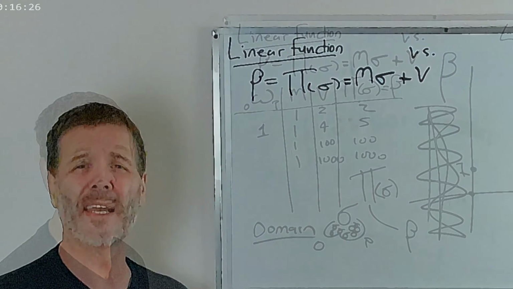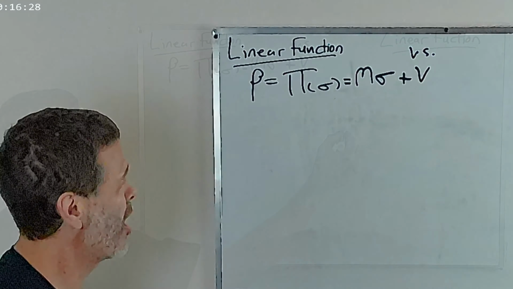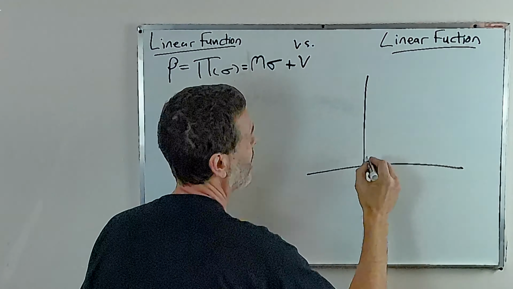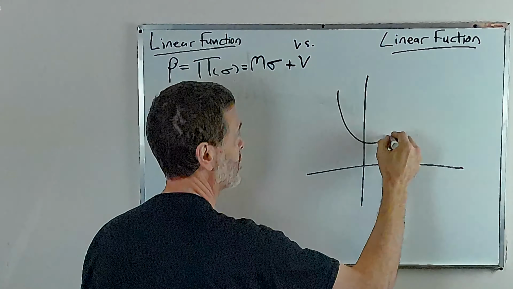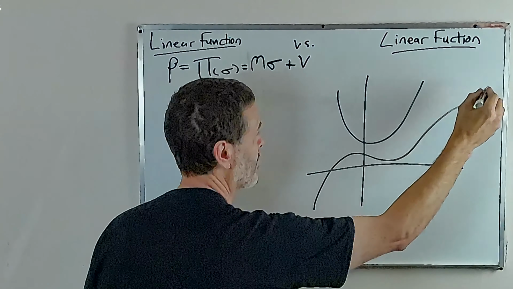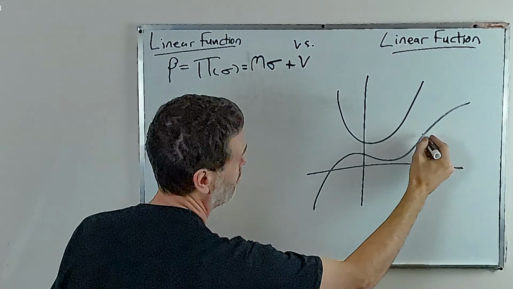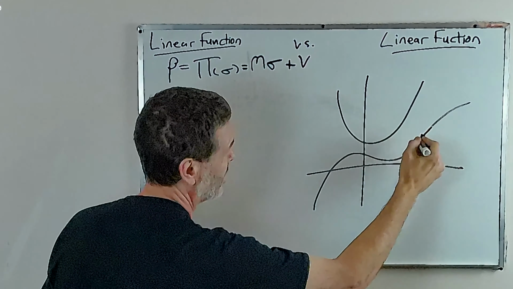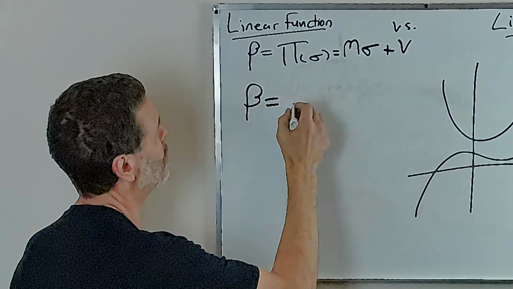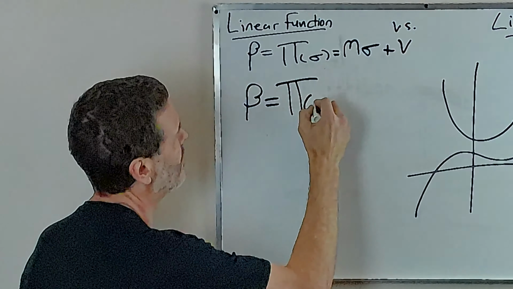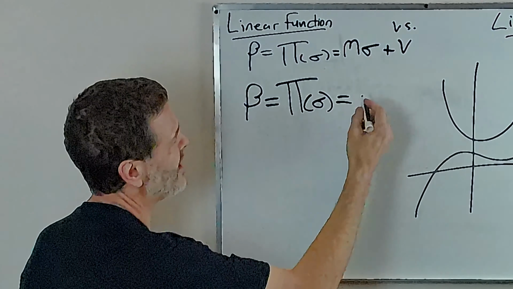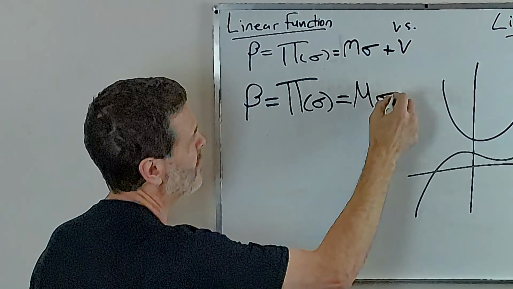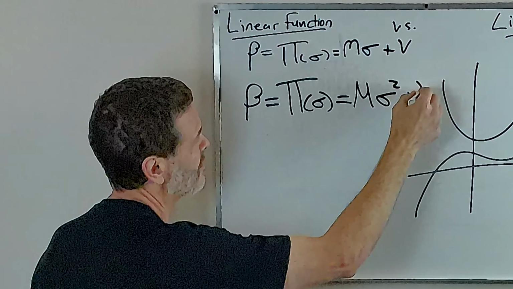The reason I eliminated this model to be a nonlinear model, so it's basically a curve that's not a straight line. It looks like this, or it looks like this. You know, it might be a line right here where the tangent is, but we're going to do beta equals pi of sigma equals, and let's say we have m sigma squared plus v.